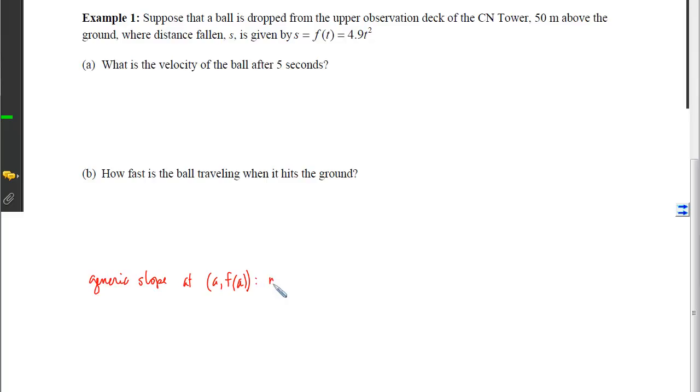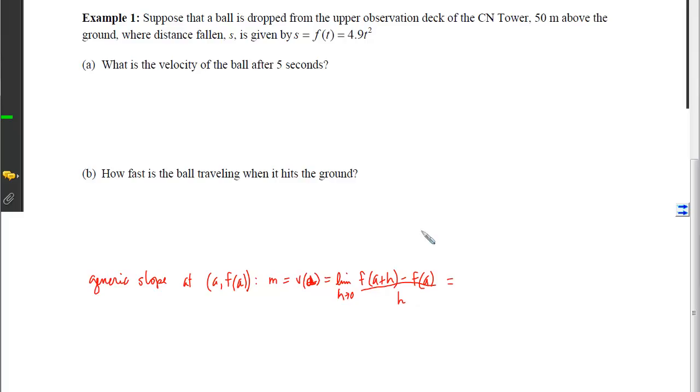So remember that instantaneous slope, which is the velocity at any time, or we should say at the time a, is going to be the limit as h approaches 0 of that time a plus h plugged into the function minus the time plugged in at a, over the difference between those two times, which is just h.